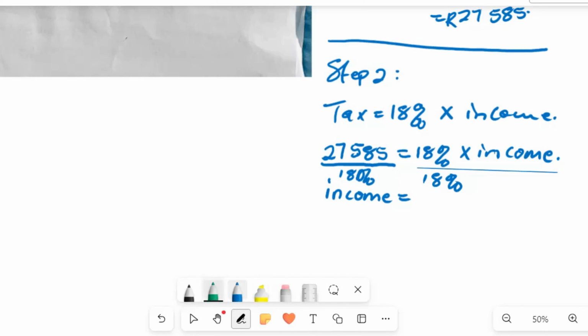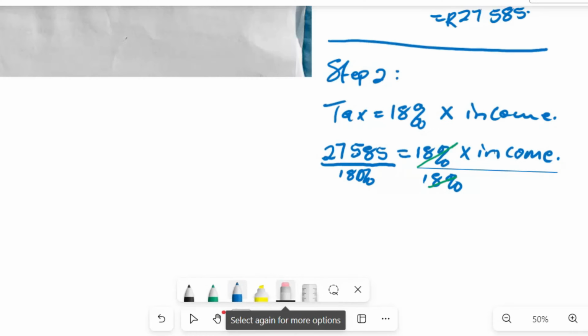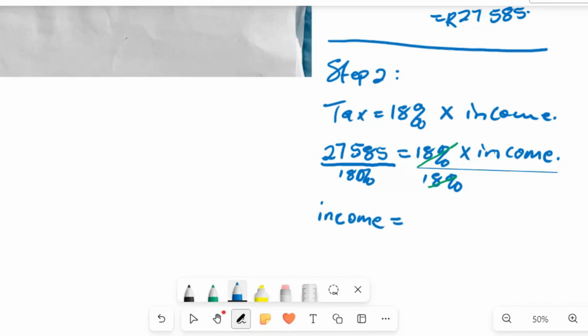So the 18% cancels the 18% on this side and we'll be left with income. Then the income equals 153,250 rands.